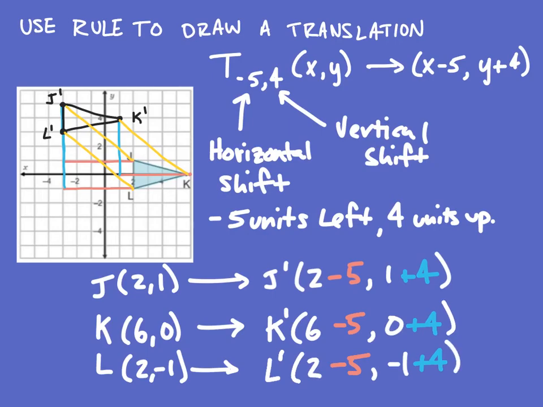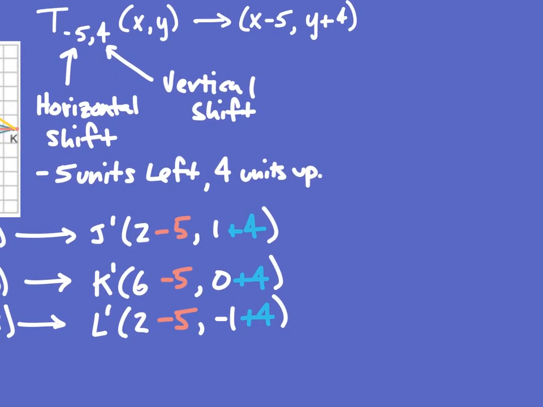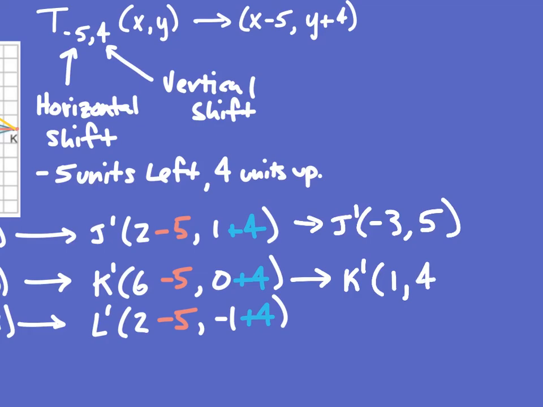And all I need to do now is just do the math over here, and that's going to give me my new point, all right? So then the point J prime is going to be 2 minus 5, which is negative 3, and then 1 plus 4 is 5. All right, K prime is going to give 6 minus 5, which is 1, and then 0 plus 4 is 4. And then L prime is 2 minus 5, which is negative 3, and then negative 1 plus 4 gives us positive 3.